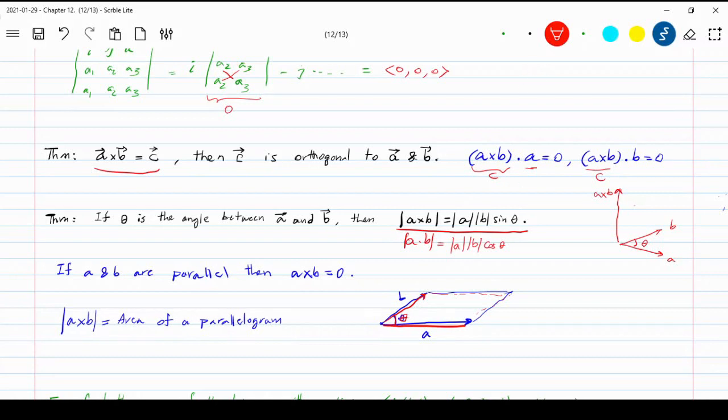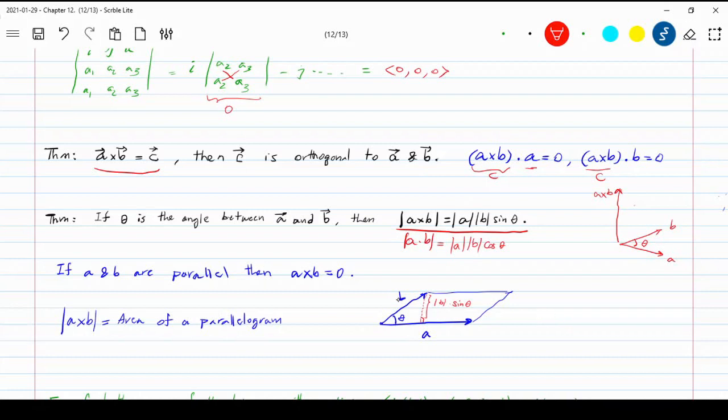Let me draw an orthogonal here. What would this height be? This height would be magnitude of B times sine of the angle theta between the two vectors A and B.